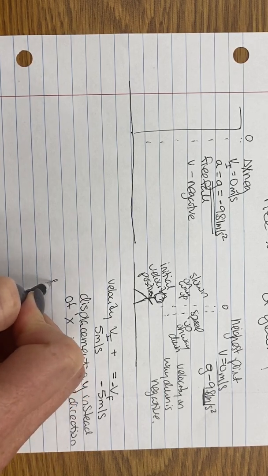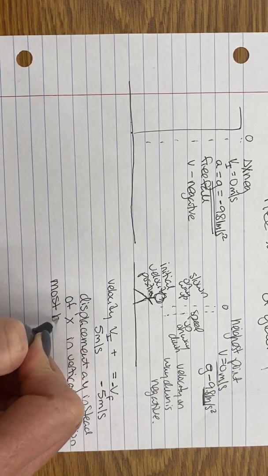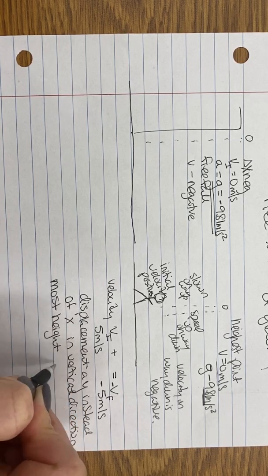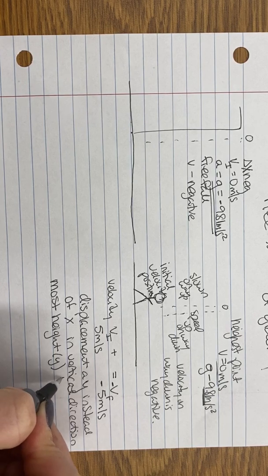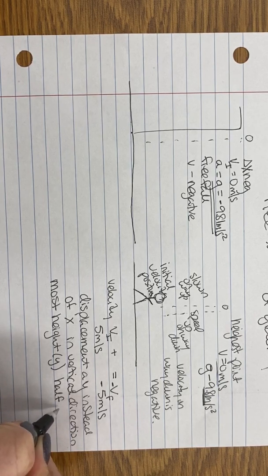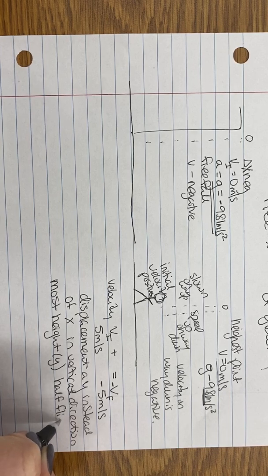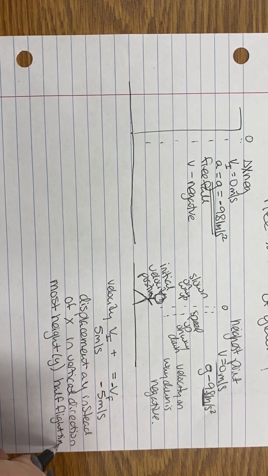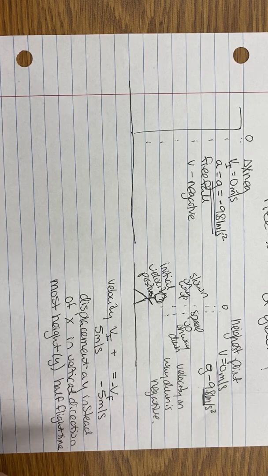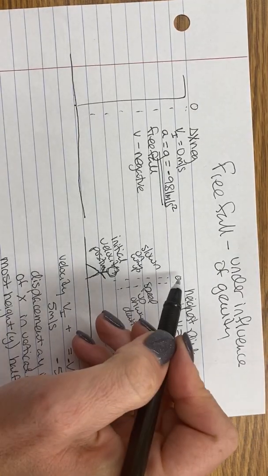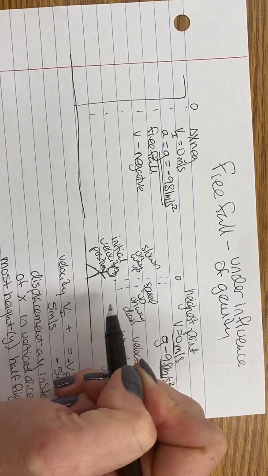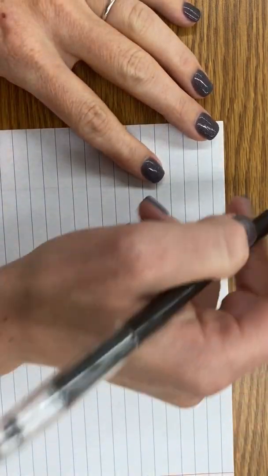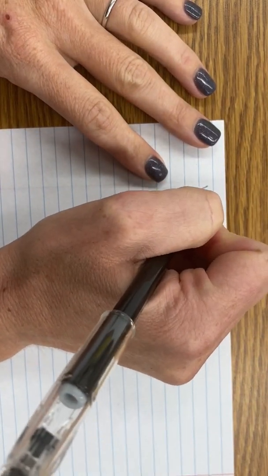When I have the most height, y, I will have gone half my flight time. So it'll take the same amount of time to go up as it takes to come back down. We are going to do a few practice problems. We're going to use our kinematics on your equation sheet.